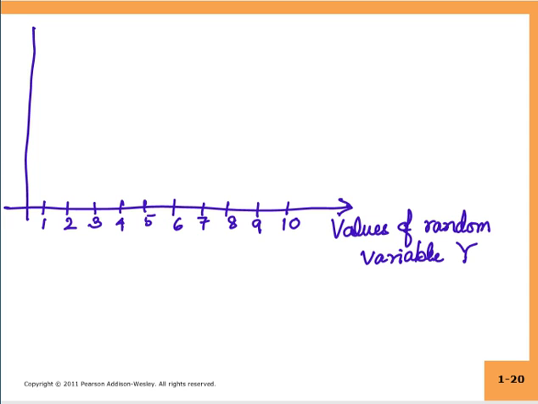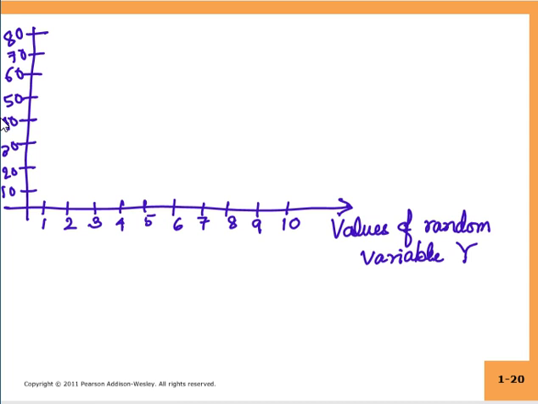So, you conduct this experiment many times and you see how many times. Suppose you conduct it 50 times, or you conduct it 100 times. So, suppose this is 10, this is 20, 30, 40, 50, 60, 70, 80.